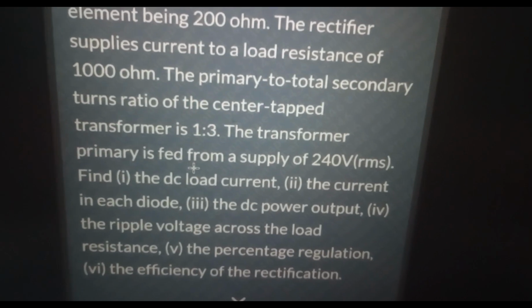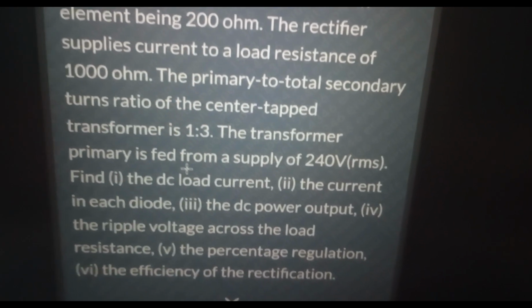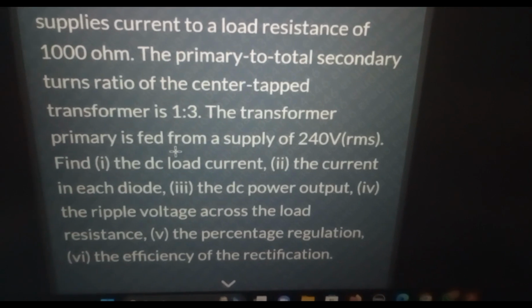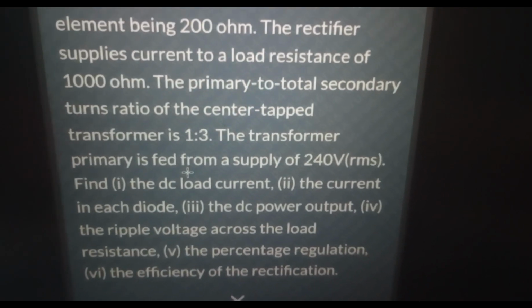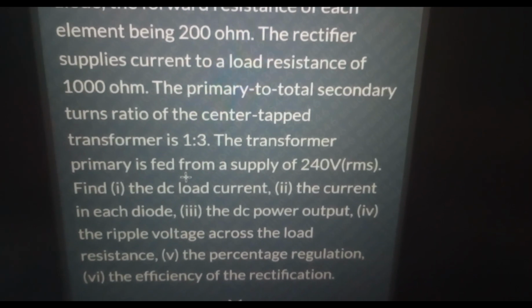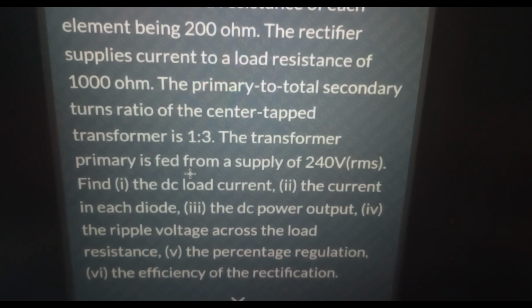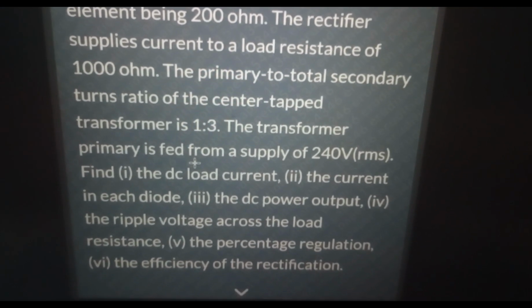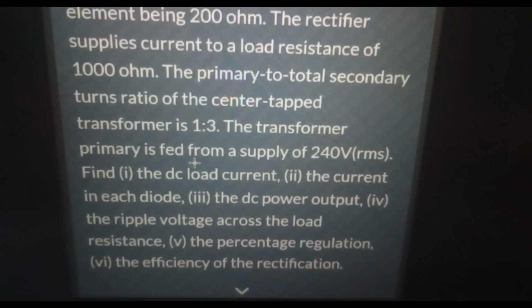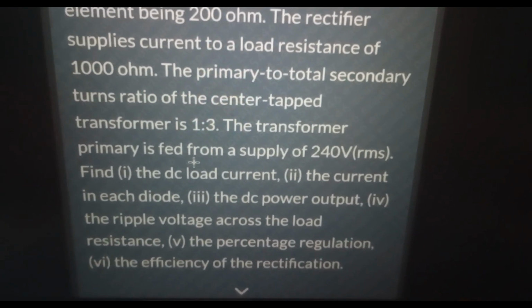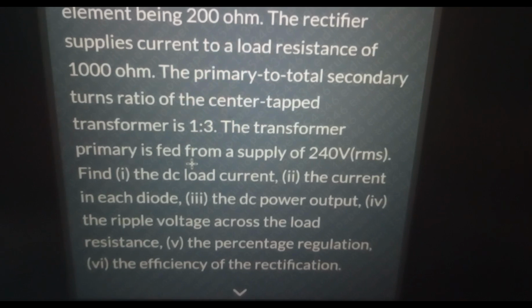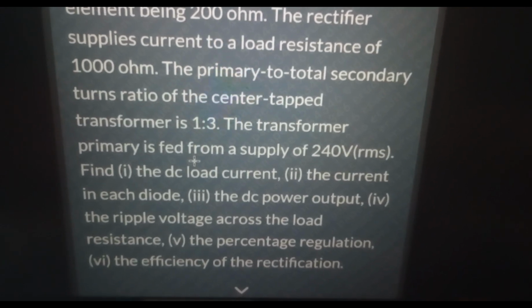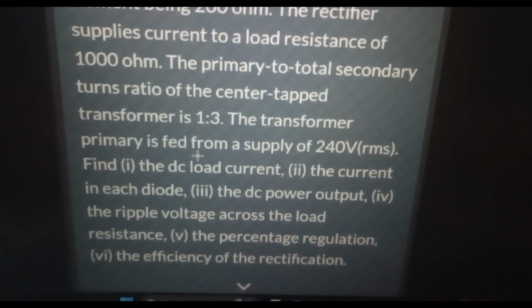The transformer primary is fed from a supply of 240 volt RMS. Find the DC load current, the current in each diode, the DC power output, the ripple voltage across the load resistance, the voltage regulation, and the efficiency of the rectification.